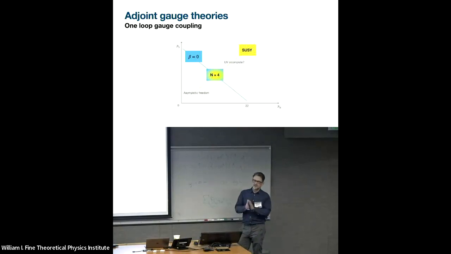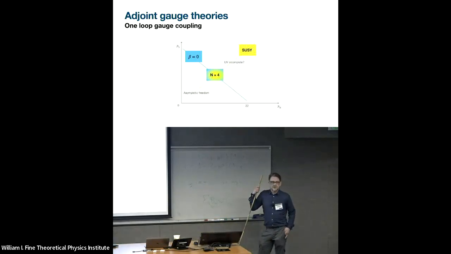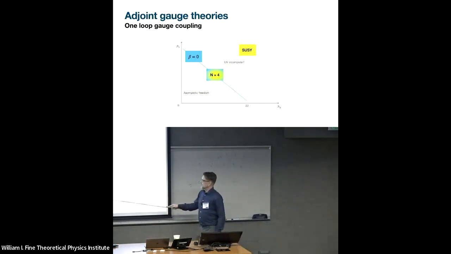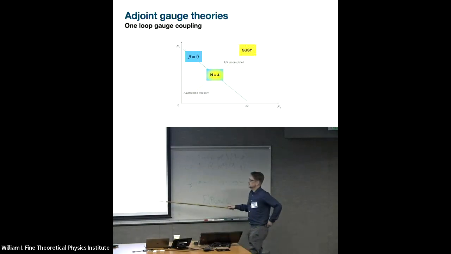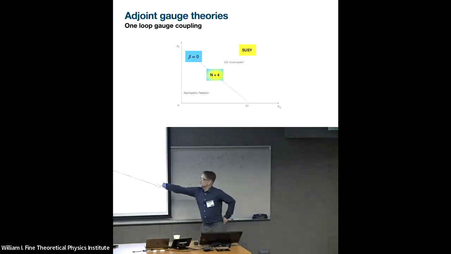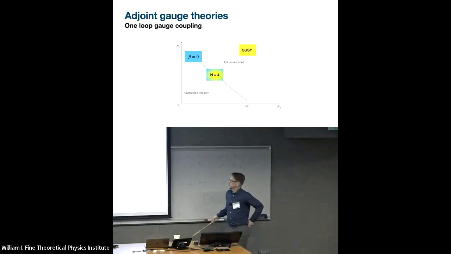This is about gauge theory, of course. I don't really have that much to say about confinement yet, perhaps later, but not in this talk. But where I'm situated in a diagram of adjoint matter gauge theories is down here, because it's just scale. This is the number of adjoint scalars and the number of adjoint fermions.